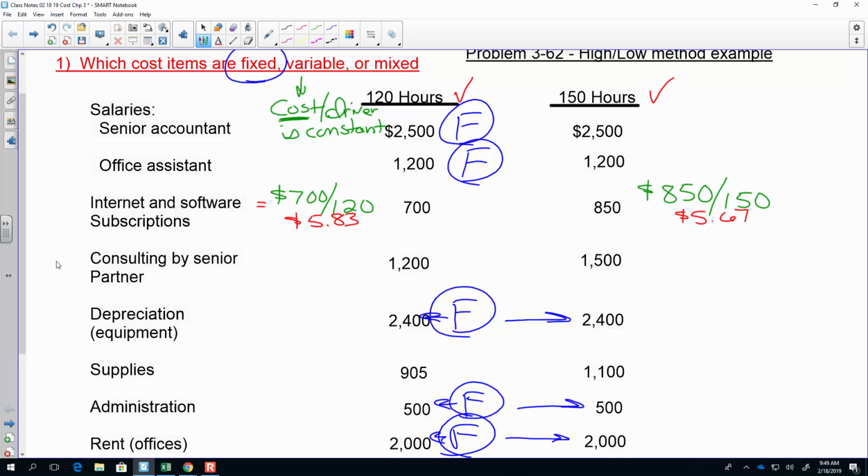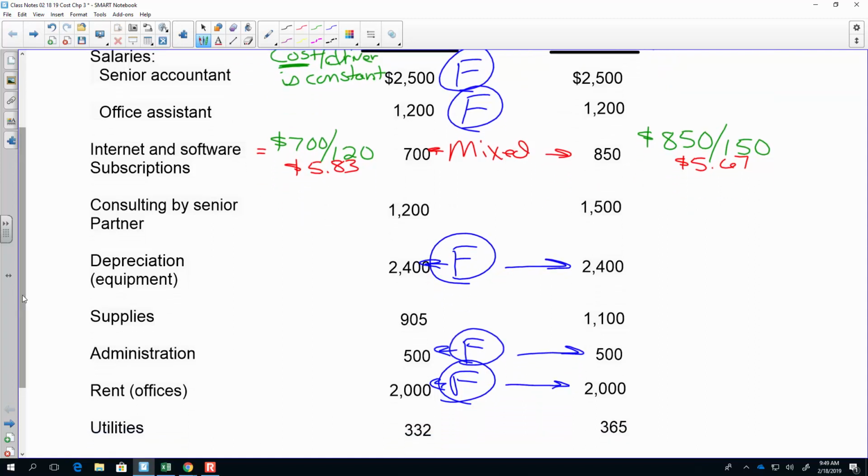Don't match, right? So in this case, that has to be a mix. It doesn't fit either the variable definition nor does it fit the fixed definition. The third choice has to be mixed.